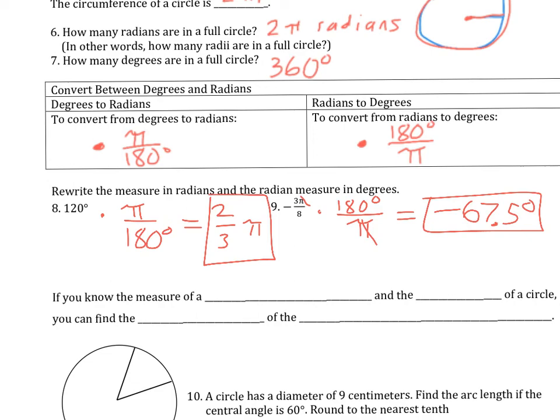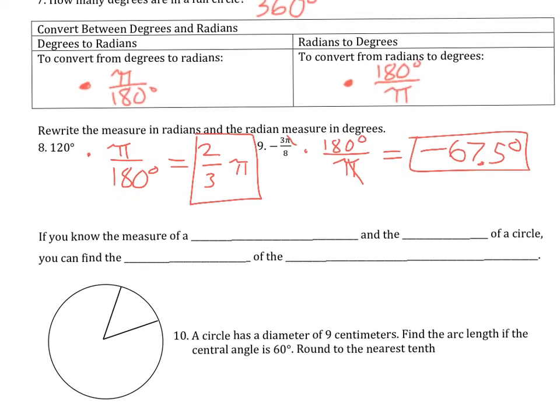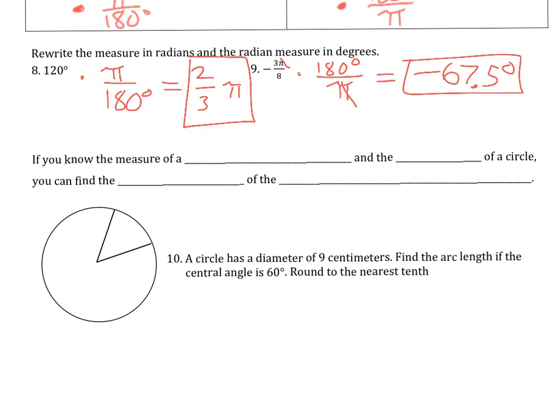Alright, one more concept. If you know the measure of a central angle, so a central angle is an angle with its vertex at the center of a circle.